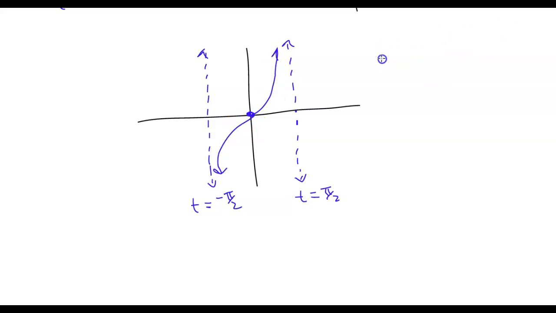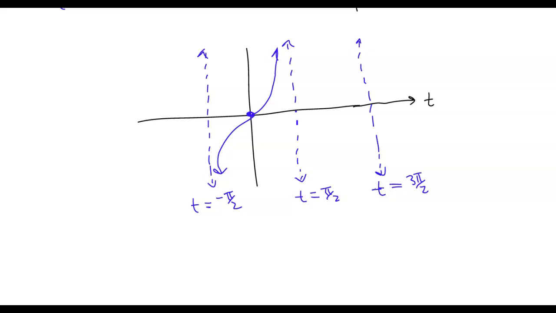Okay. Now, we know that this function is periodic, so that means I could draw another period here. And let's say this is where the next vertical asymptote is for tangent, and that's going to be t is equal to positive 3 pi over 2. Okay.